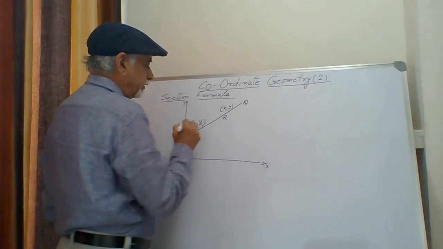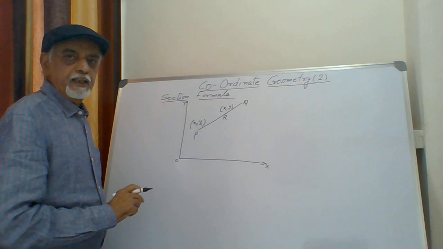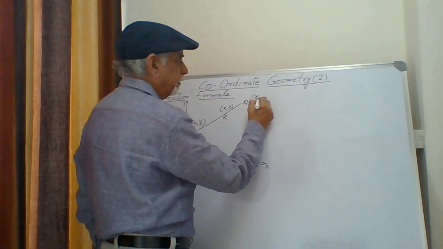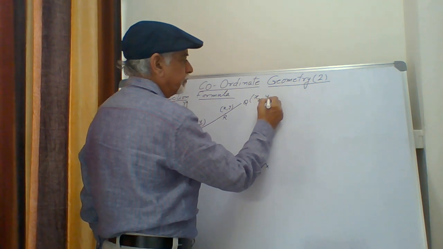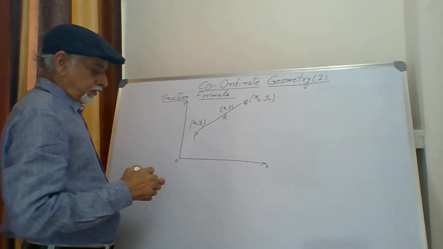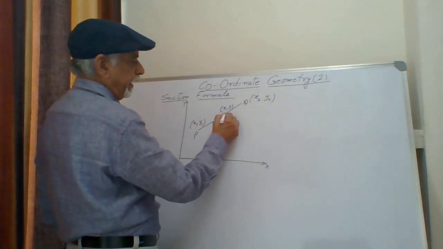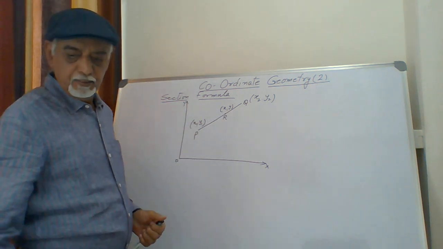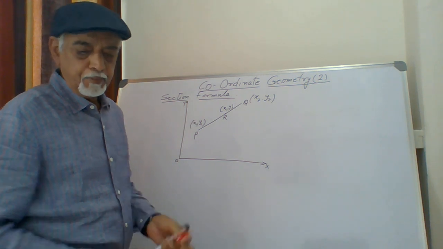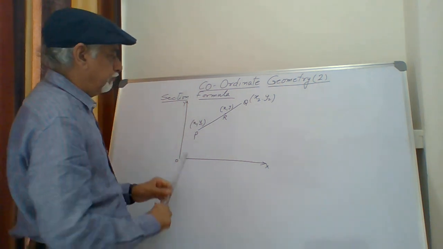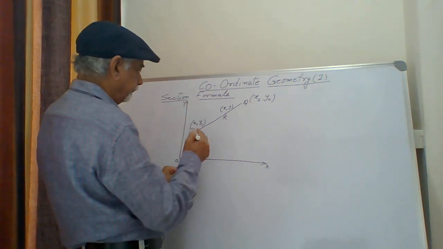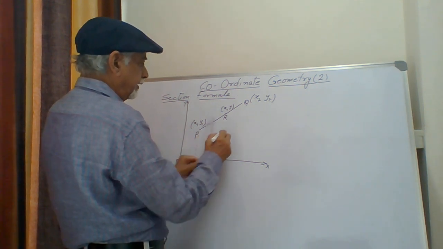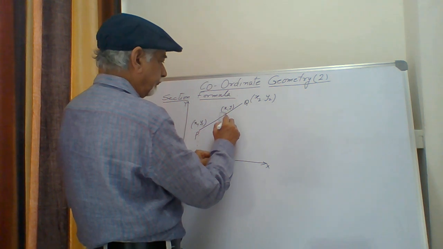Point P1 is denoted by x1 y1 and point Q is denoted by the coordinates x2 y2. Now we have to determine values for the coordinates of the point R. So what we'll do, we'll draw perpendiculars from all these points onto the x-axis as well as onto the y-axis.